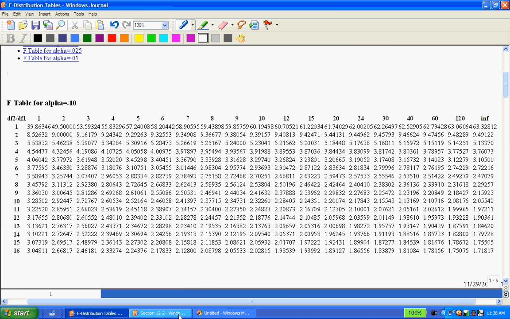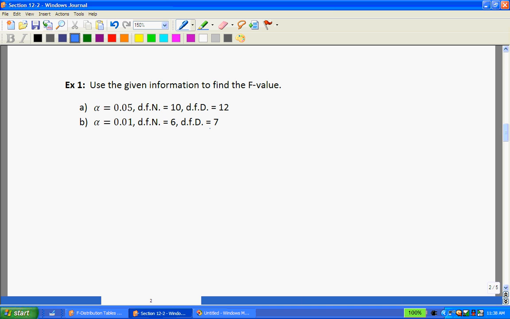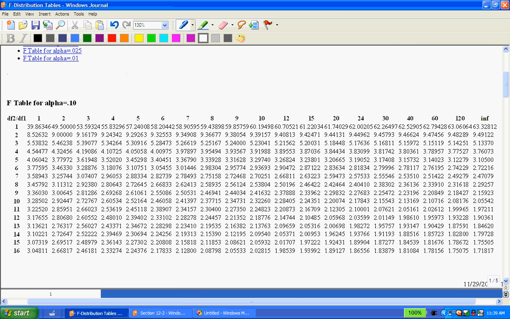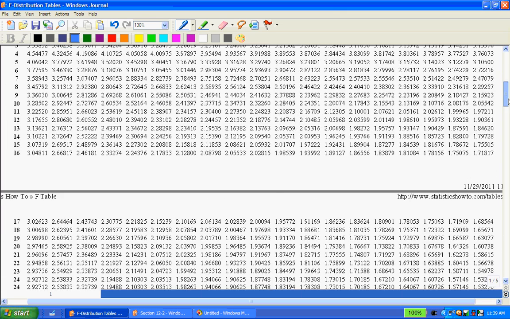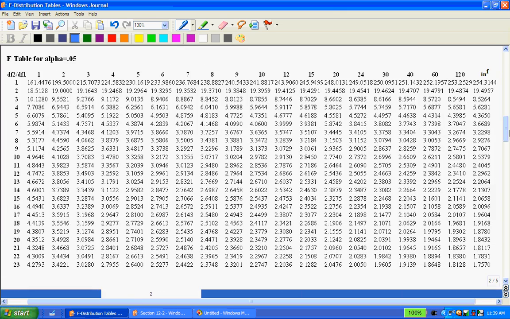But notice how in our example here we were given alpha first, and that's because you have to identify which table you're going to use. So we were given alpha of 0.05, so I first want to identify the 0.05 table. So here you notice that alpha is 0.1, so the next one probably should be, there we go, there's 0.05.